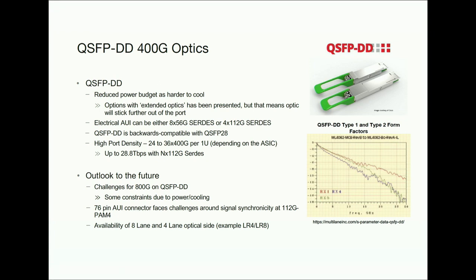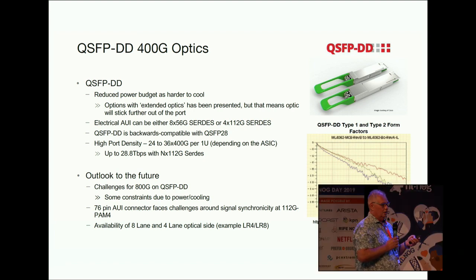With the QSFP-DD, it depends. One of the nice things about the QSFP-DD is it's backwards compatible with the QSFP 100 or 28s, but it has some challenges because it's bigger. It kind of sticks out of the front panel, and cooling can be a challenge there if you have, let's say, ZRs or ZR plus interfaces.